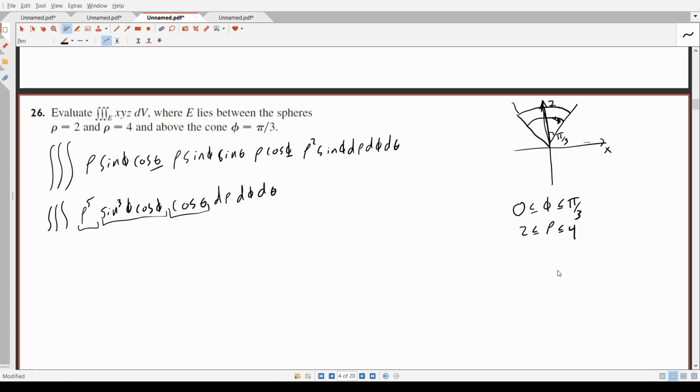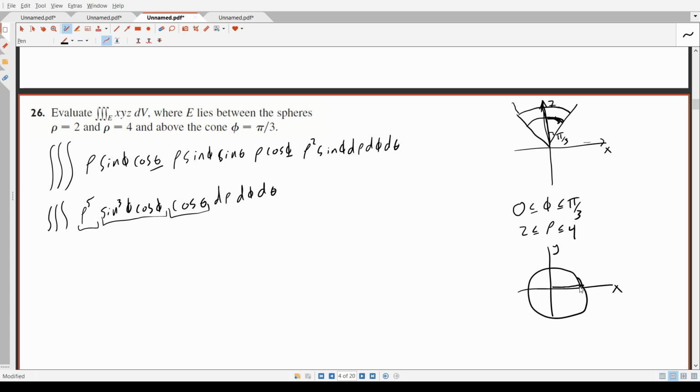Okay, but if we look at this from the top, so here's x and here's y, so we're looking straight down the z-axis, this is going to look like a circle looking straight down. And phi going from 0 to pi over 3 describes this kind of slice that I described right here.